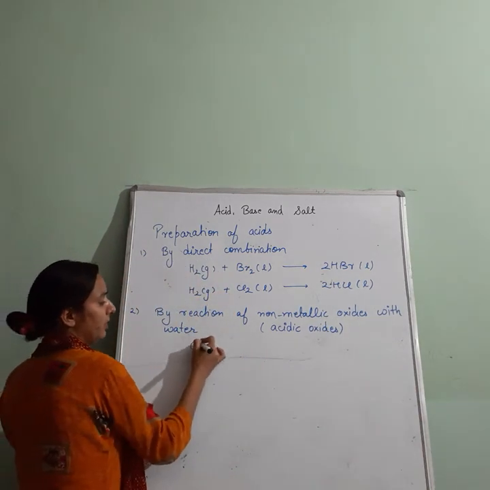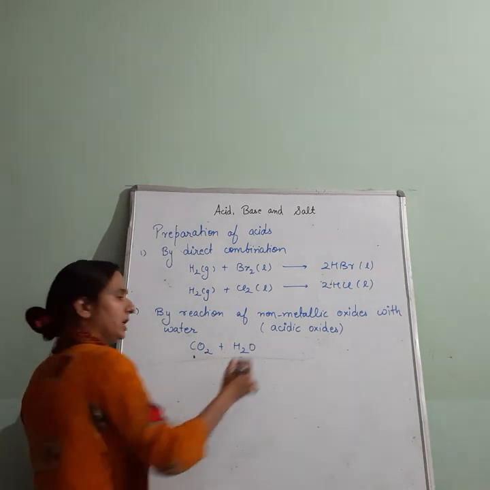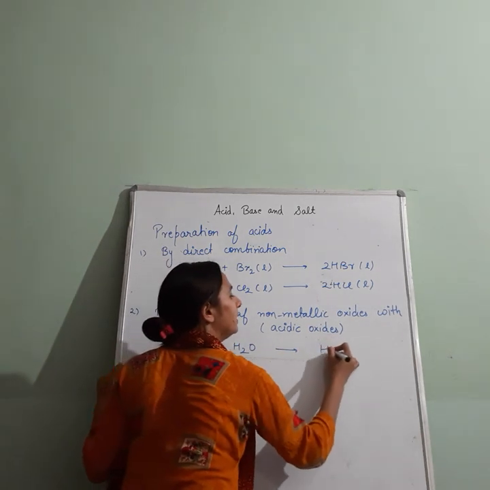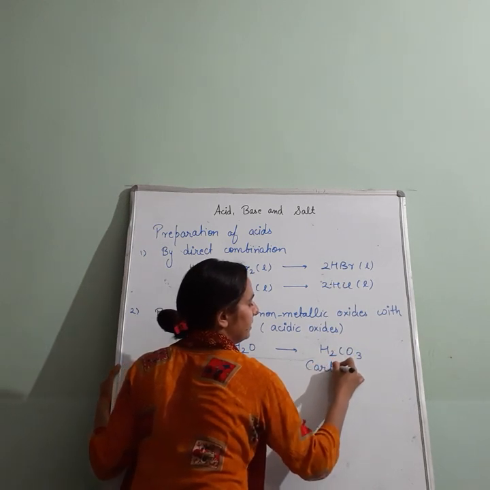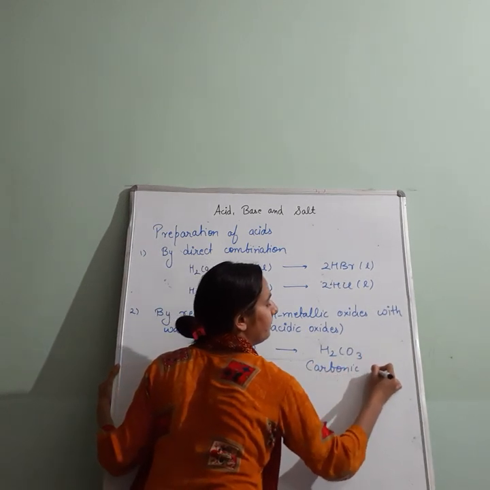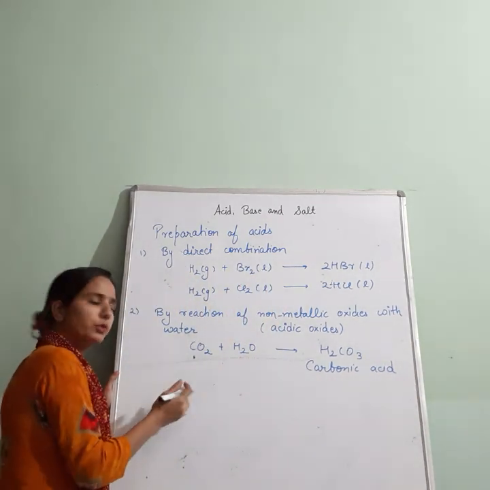For example, when CO2 reacts with water, it forms H2CO3, which is known as carbonic acid. Let us take one more example.